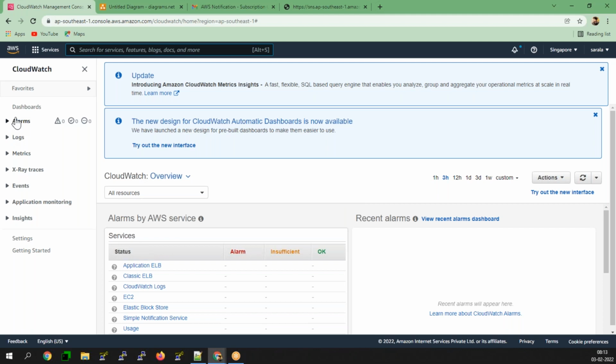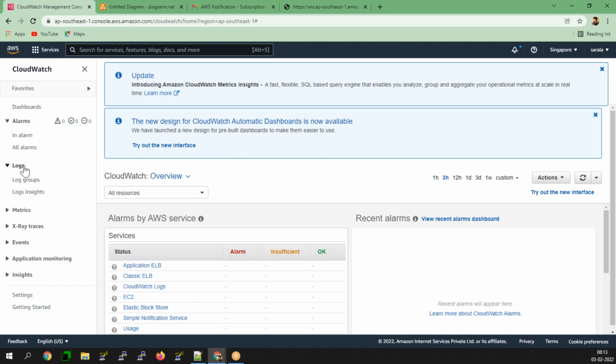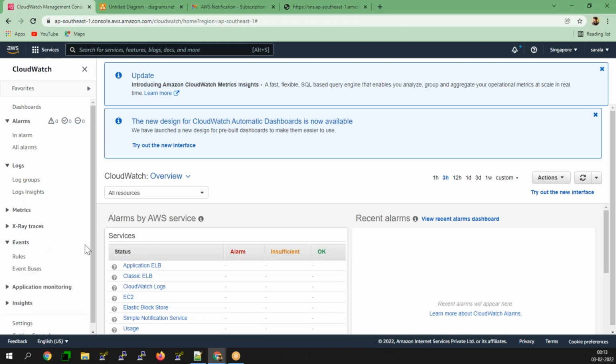One is the creation of your respective metrics to monitor them. The second is with logs; you can also enable the logs here. This will be discussed later. It can also be enabled for events through Lambda functions, and you can also monitor your EKS, Elastic Kubernetes cluster.